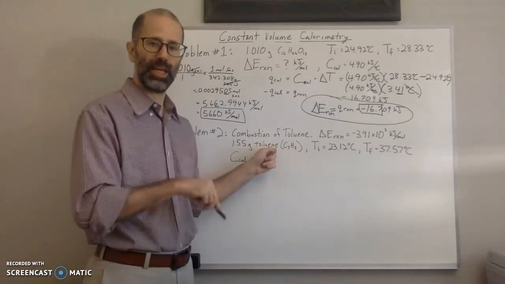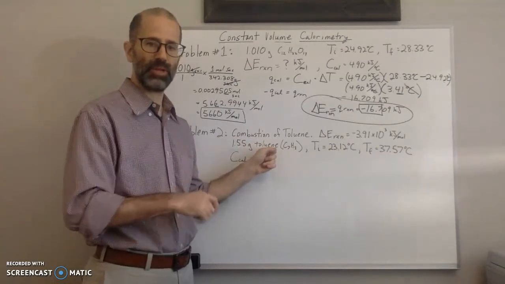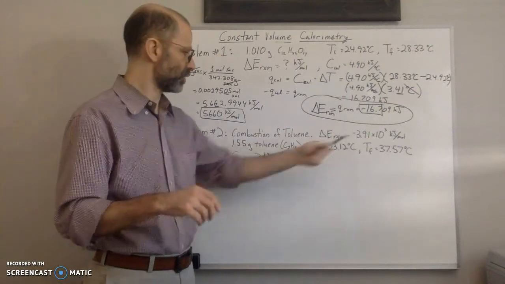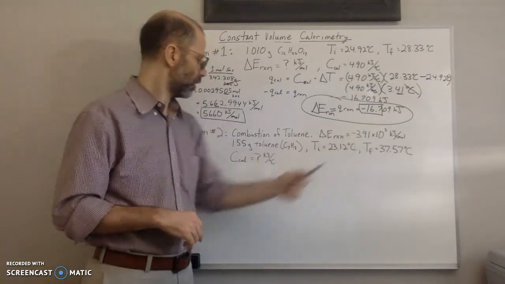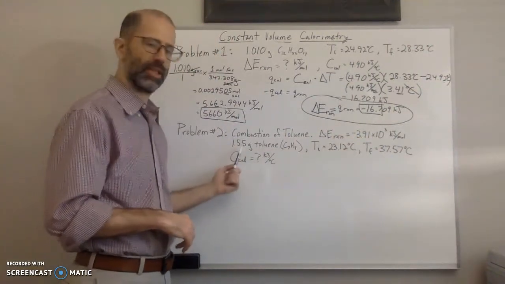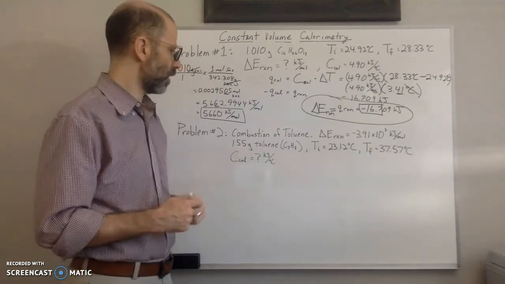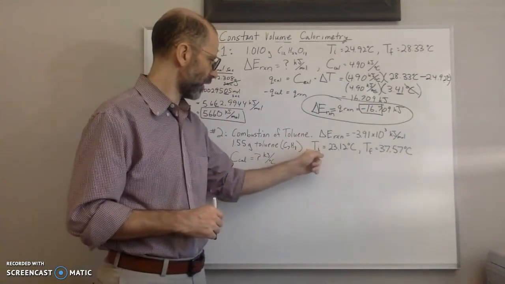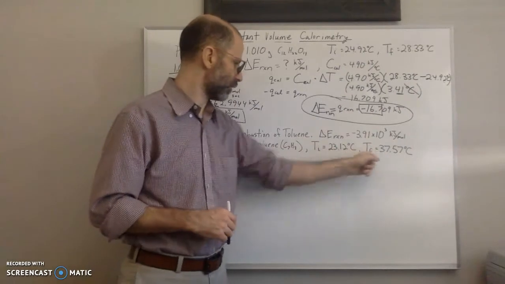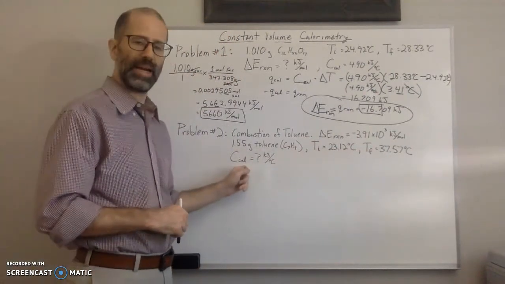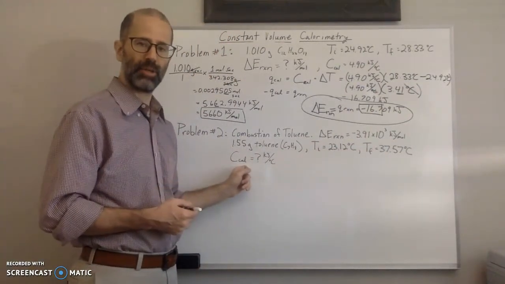That's going to be burned in the bomb calorimeter, so that's going to release a certain amount of heat, which is here, per mole. So we're going to have to convert this to moles. And also we have the initial temperature and the final temperature, and we're being asked to find the calorimeter constant.